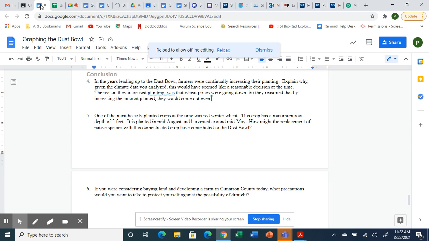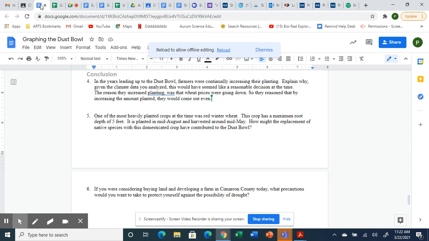Most everything else was at least 5 feet, if not, I see 8, 9, 10 feet here. So by going for a greater depth, it was holding that soil in place.